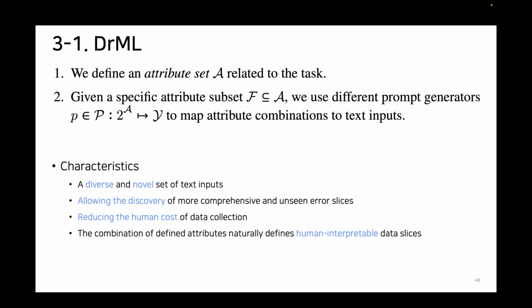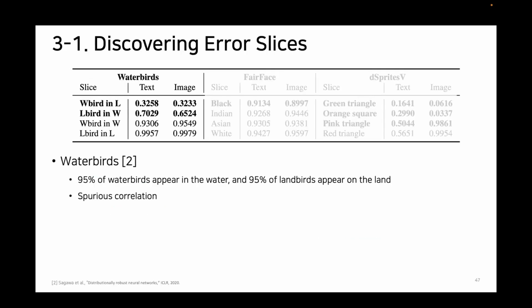Actually, I think in this case they know about the attributes that are related to the task. So these are human crafted attributes. In this Waterbirds data set, the attributes are water and land. There are only two classes in the data set. I see.